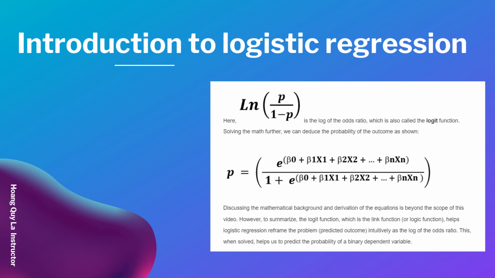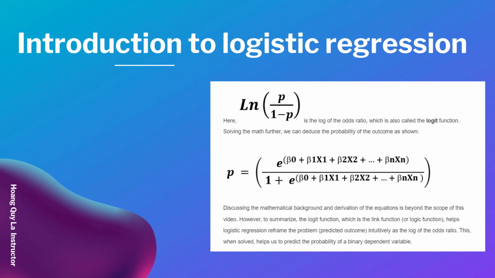As you can see, p equals e to the power of beta 0 plus beta 1 x1 plus beta 2 x2 and so on until beta n xn, divided by 1 plus e to the power of beta 0 plus beta 1 x1 plus beta 2 x2 and so on until beta n xn. Discussing the mathematical background and derivation of the equation is beyond the scope of this video.